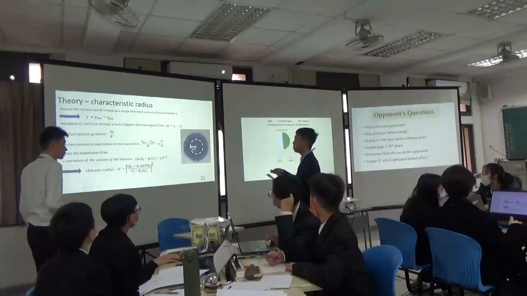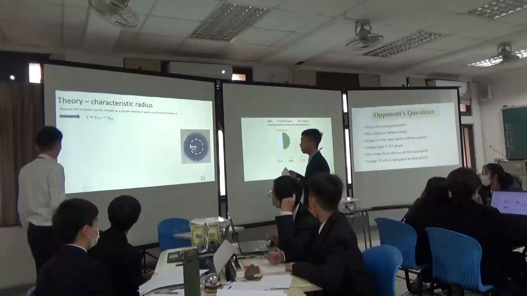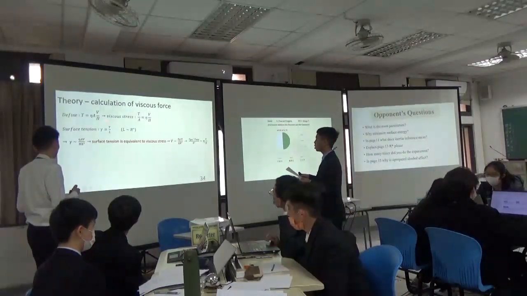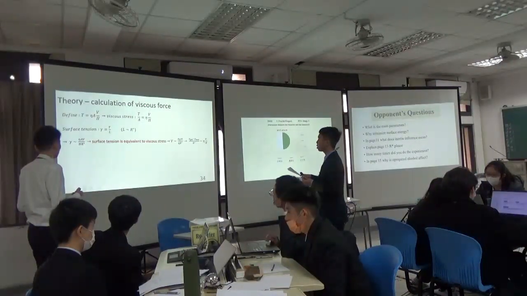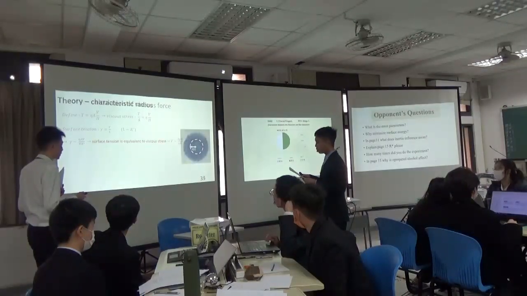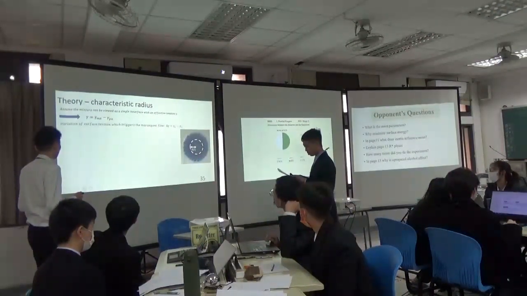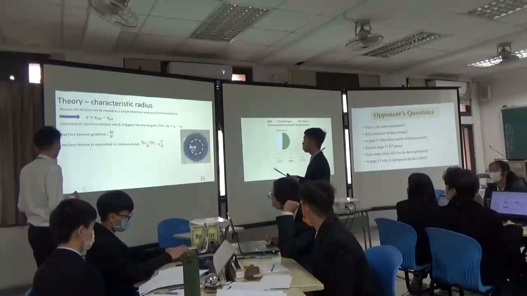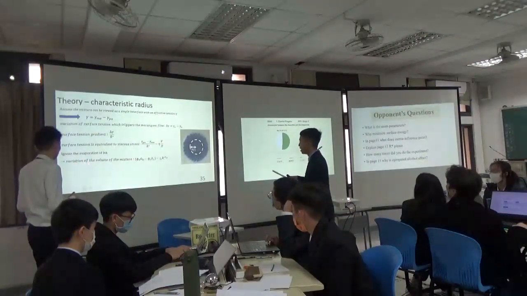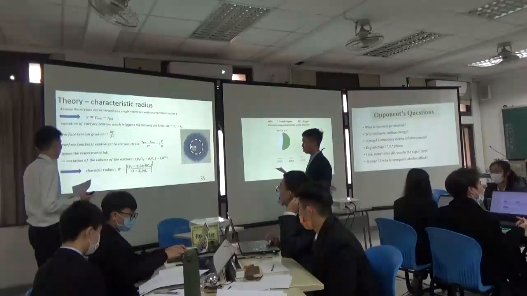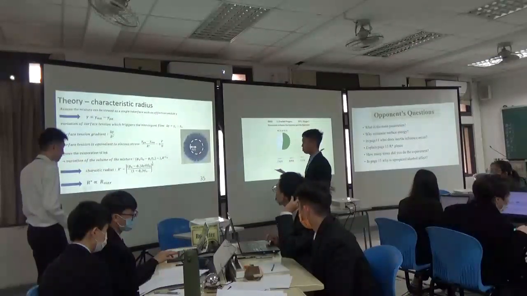Just briefly: first of all, I define the viscous stress, and I can calculate the surface tension, and after calculating, I found that the surface tension will be equivalent to viscous stress. Then I calculate the surface tension gradient and the viscous stress, and also the variation of the volume of the mixture as it evaporates, so I can get a characteristic radius.